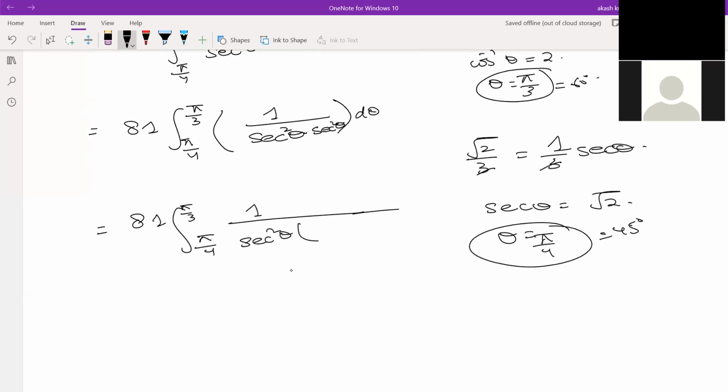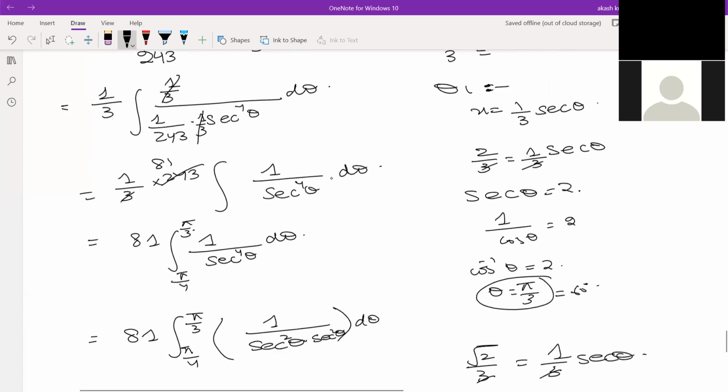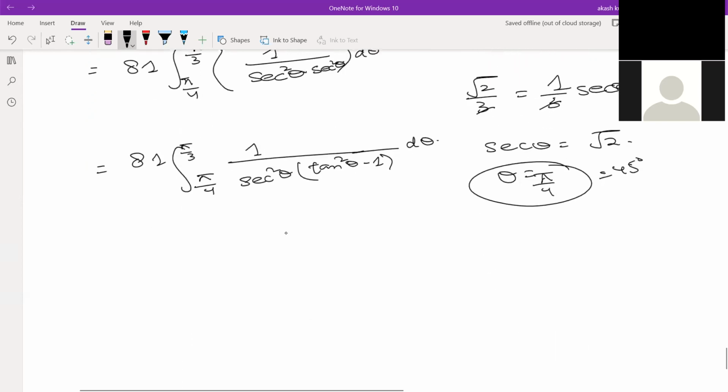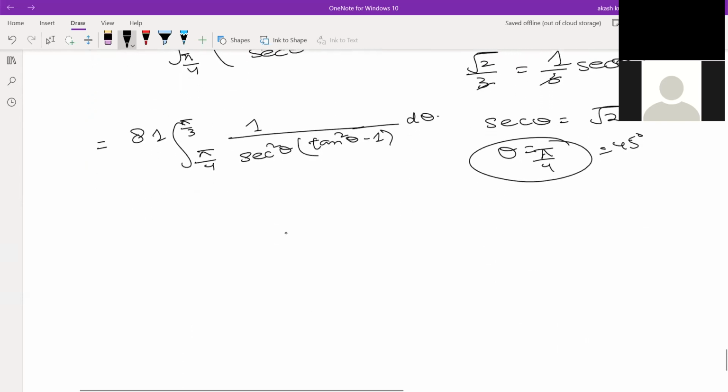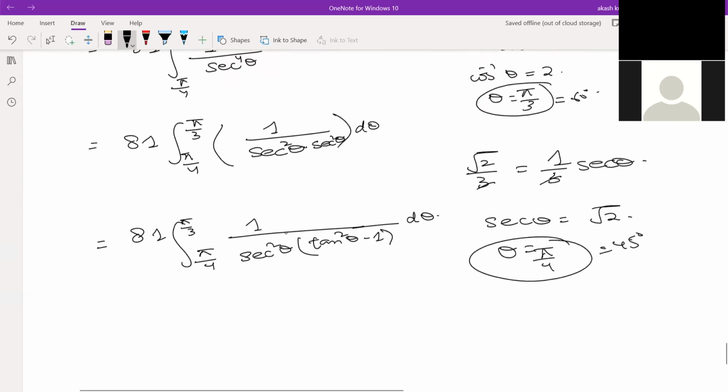And sec square theta is tan square theta minus 1 d theta. Did you realize that we can't now apply the u substitution here?